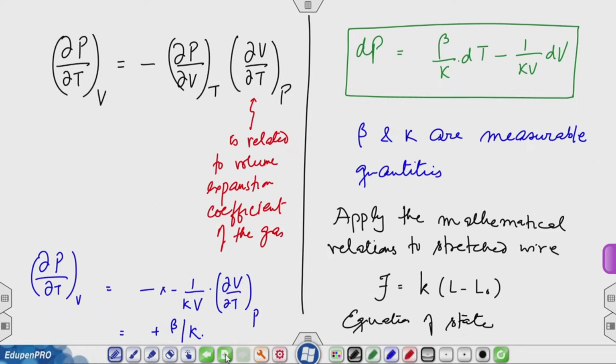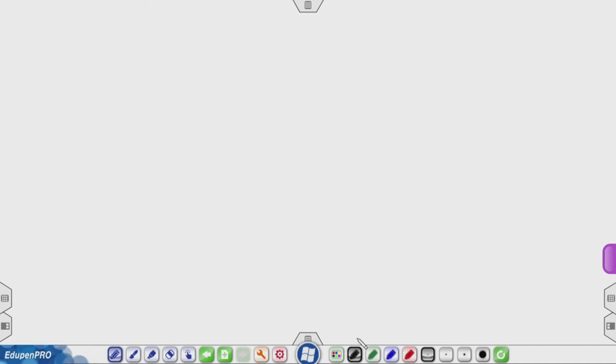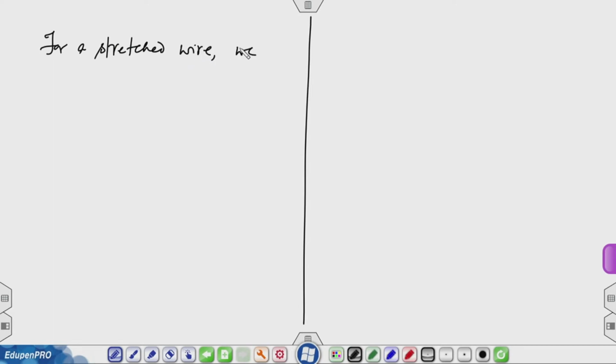So now, for a stretched wire, we wish to relate how the force changes if you change the temperature of the wire but want to keep its length the same.